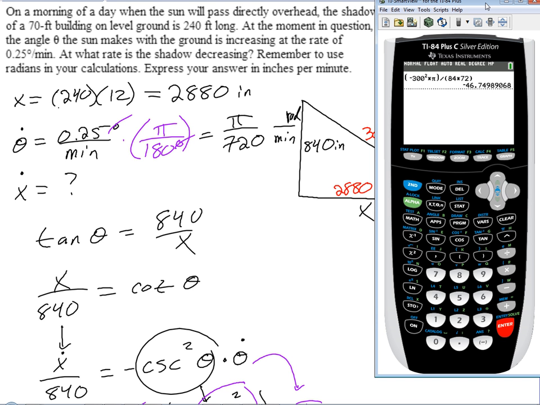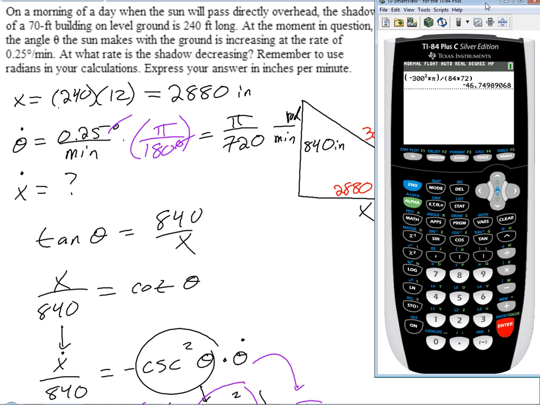So we want it in inches per minute. Rate is the shadow decrease. So I guess I should probably specify how many sig figs. But let's just say we're gonna round this to the nearest tenth, right? So if we round it to the nearest tenth, our answer would be negative 46.7 inches per minute.